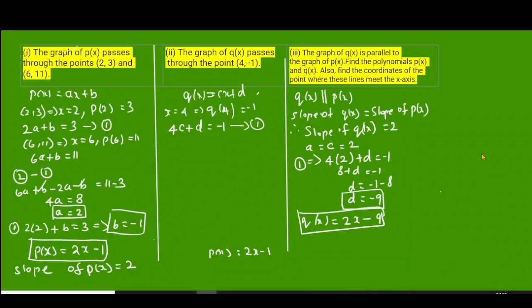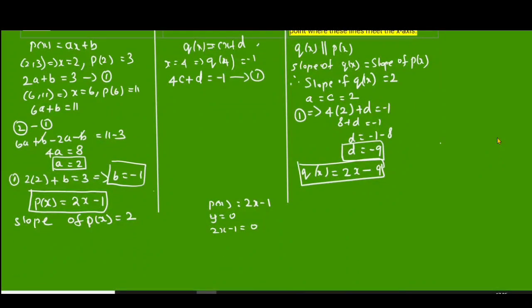In this, x-axis point x comma 0 means y is equal to 0. So 2x minus 1 is equal to 0, which means x is equal to 1 by 2. That means P of x cuts the x-axis at 1 by 2 comma 0.